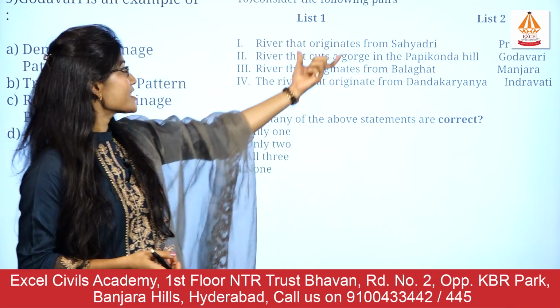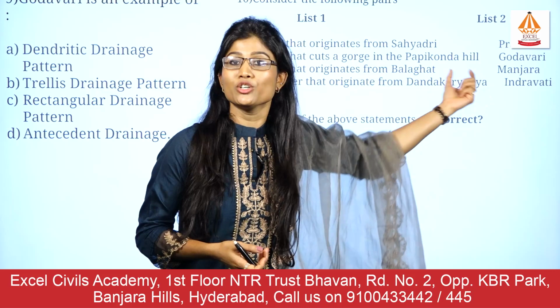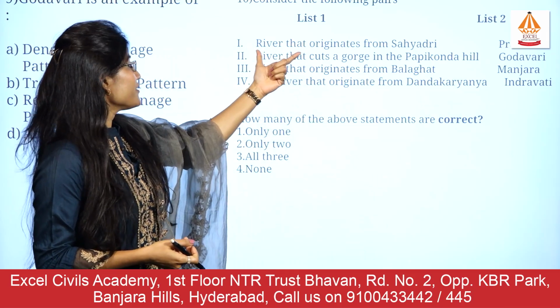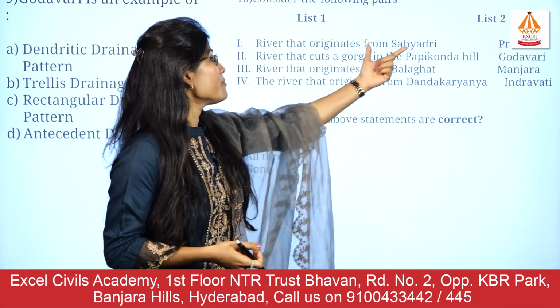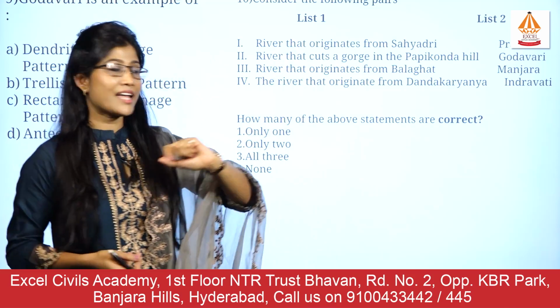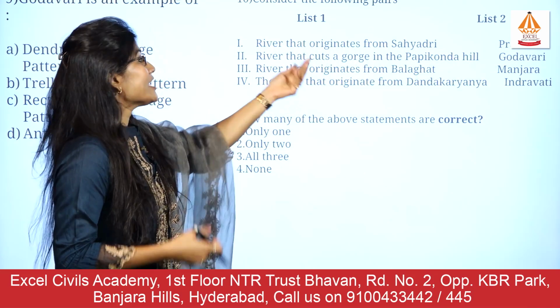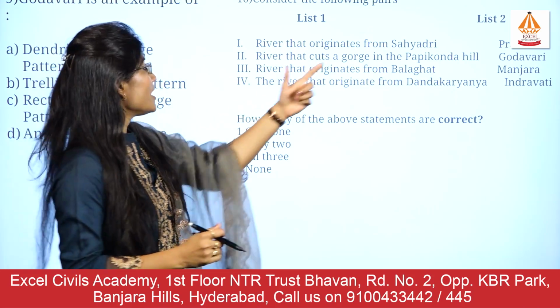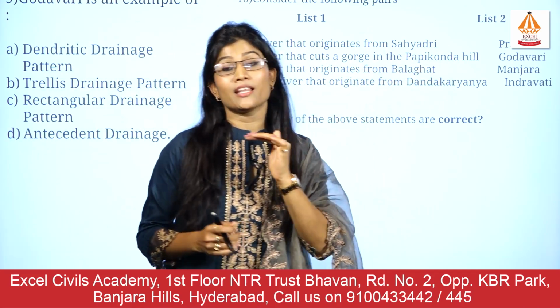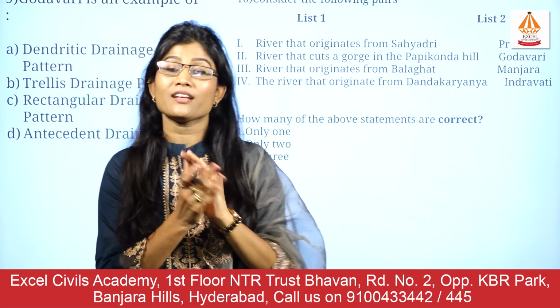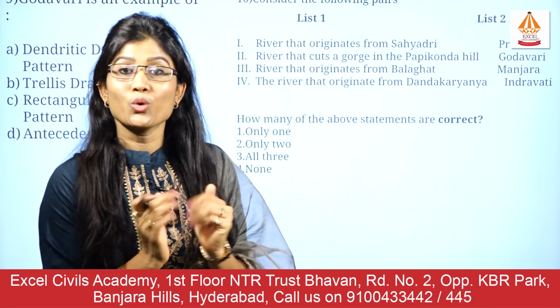The last question of this session that we have is, consider the following pairs. Again, there are pairs given in list 1 and list 2. River that originates from Sahyadri, the answer that they have given is river Pravara. The river that cuts a gorge in the Papikonda hill, the pair they have given is the river Godavari.